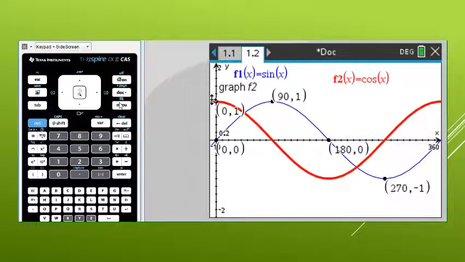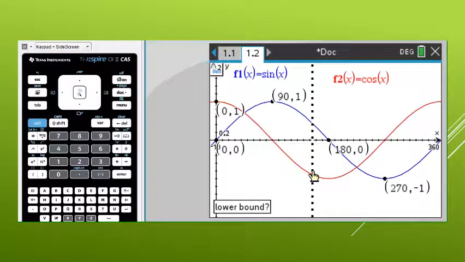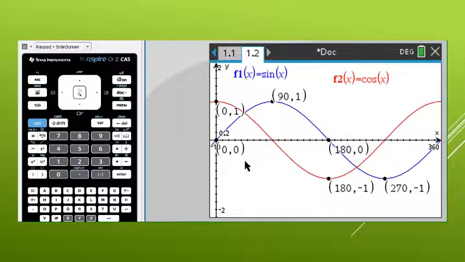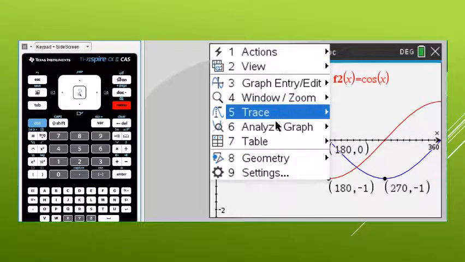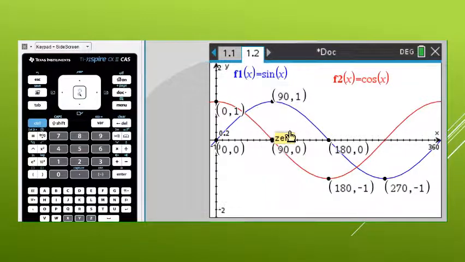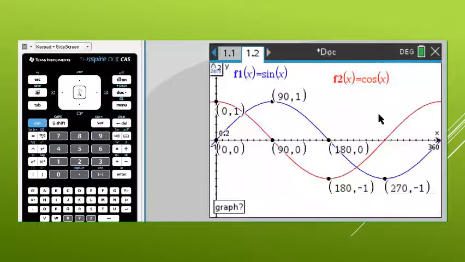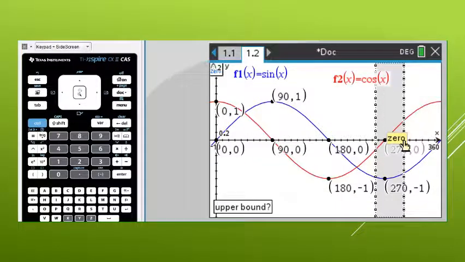I might do the minimum down here on this graph. Alright, I can work out the x-intercepts: Menu, Analyze Graph, Zero of this graph, go from here to here, and Menu, Analyze Graph, the zero is the x-intercept, go from here to here.